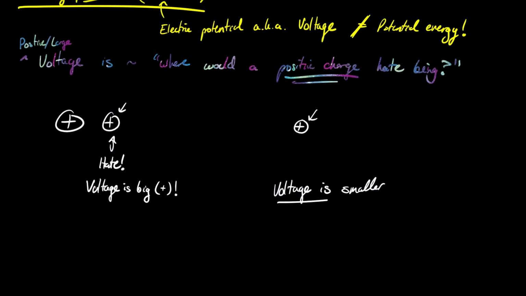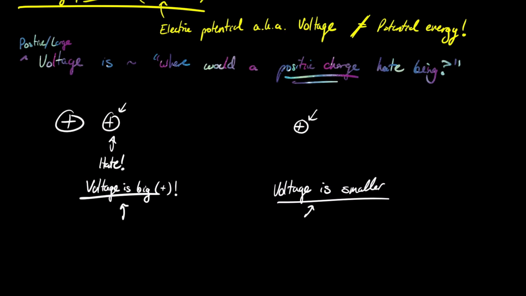Okay, and again, the reason we're able to say voltage is that we're asking where a positive charge specifically hates being located. It's also true to say that the potential energy of the positive charge is large here and small here. But just like electric field, we were able to tell what the field wanted because we were using a positive charge at the beginning. We can immediately say, a positive charge hates being here?